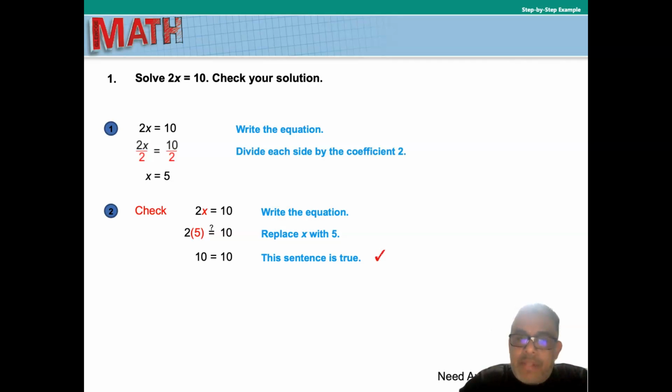Then 10 divided by 2 gives you a quantity of 5. Remember, you're looking at groups. You have 10 items, 2 groups. How much in each item? 5. The same thing with this. You have 2 items into 2 groups. Each of those groups gets 1. And that's the key. Getting that coefficient, the number in front of the variable, to reduce to the number 1.